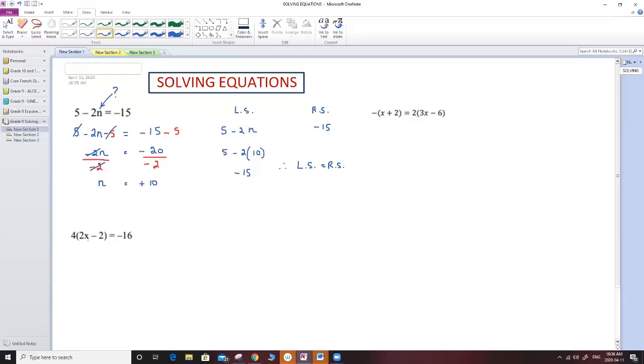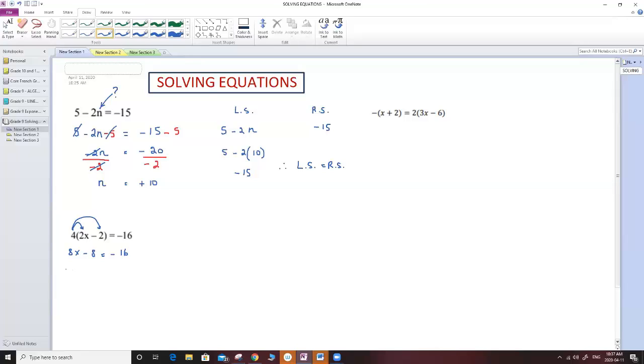Next one, I have 4 bracket 2x minus 2 equal negative 16. Here I need to use the distributive property. So that means 8x minus 8 equal negative 16. Again, in this one, I need to isolate x to find the value of x.